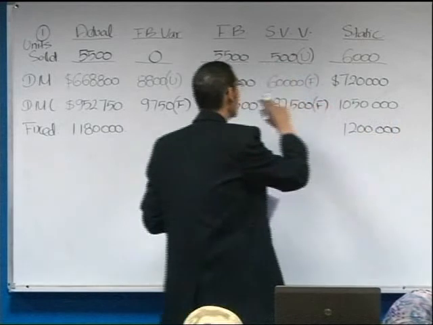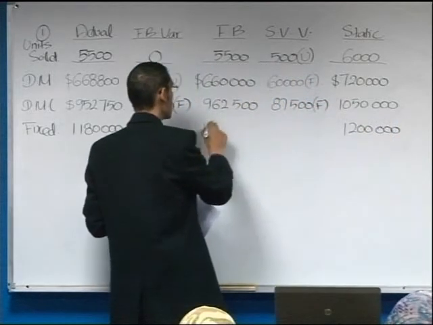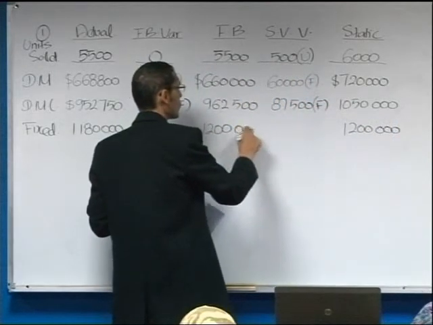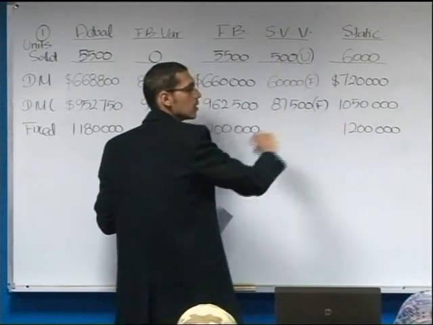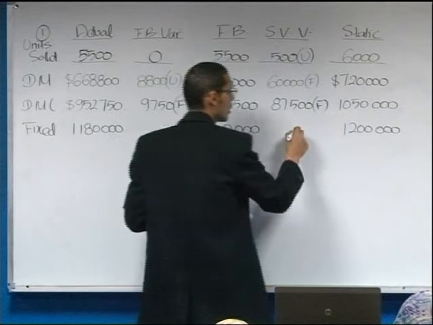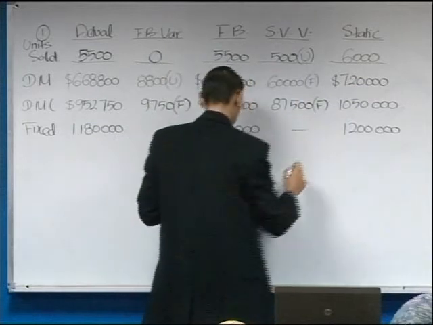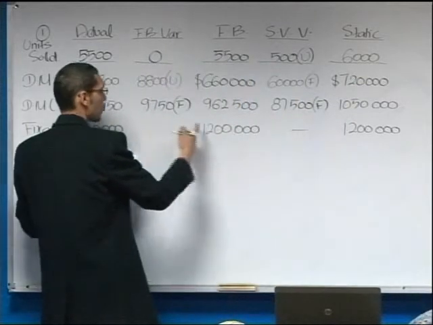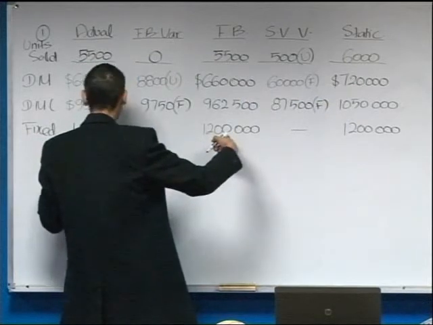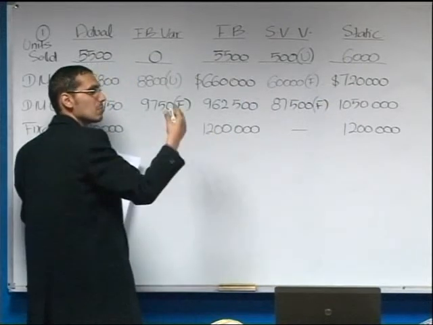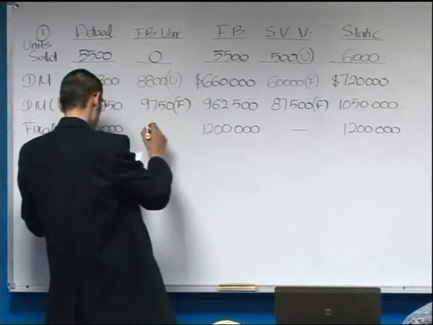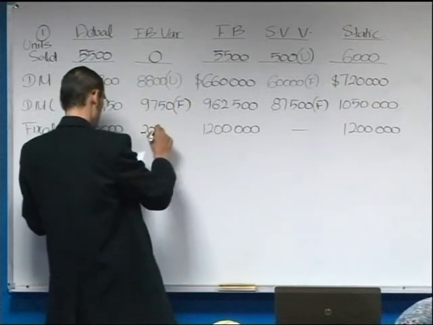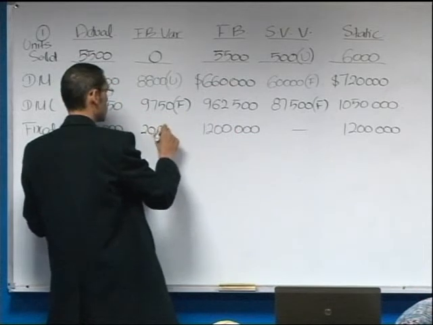And it would be the same for the flexible budget as we explained, because the change in the units would not affect the fixed expenses. Therefore, here we have a 0. And here, of course, we should have incurred 1,200,000, but we have incurred 1,180,000, which is less. Therefore, a favorable variance by the amount of $20,000.